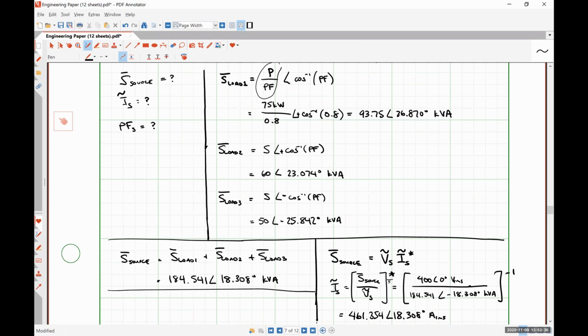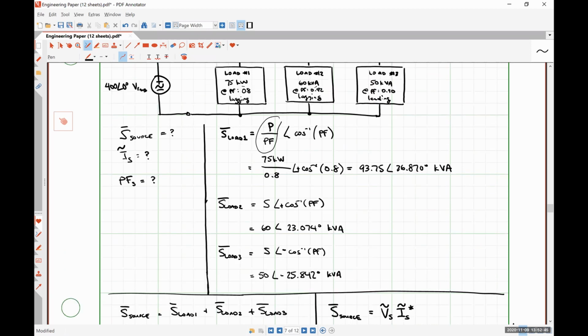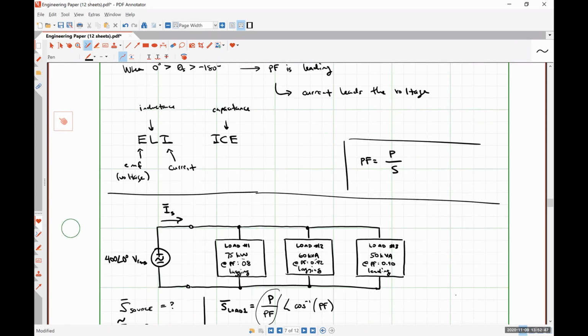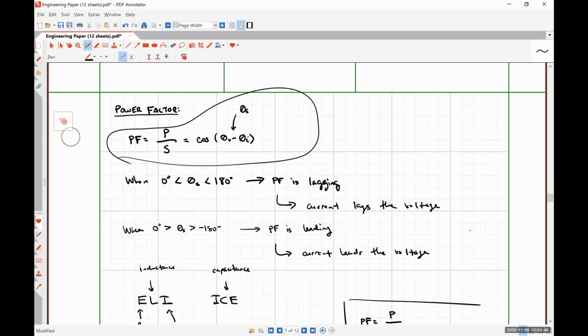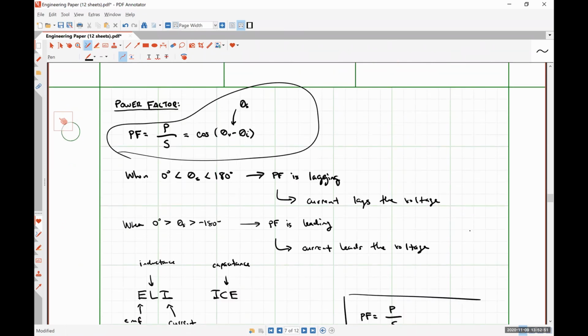All right, our last thing, power factor. It's the only thing we don't have solved for, so let's review our definition. It is the average power divided by the apparent power, or it is simply the cosine of whatever angle the complex power has. So we got two different ways to approach it that will give us the exact same thing.